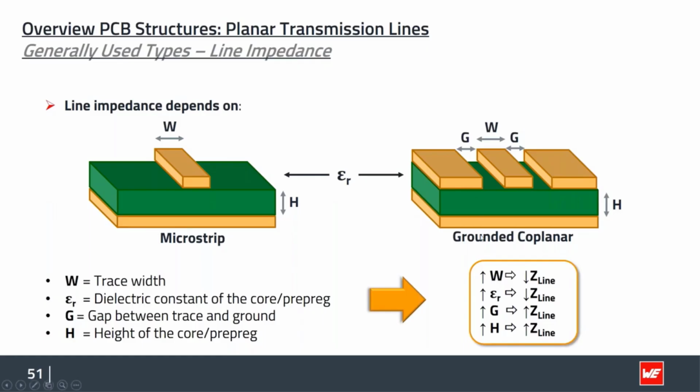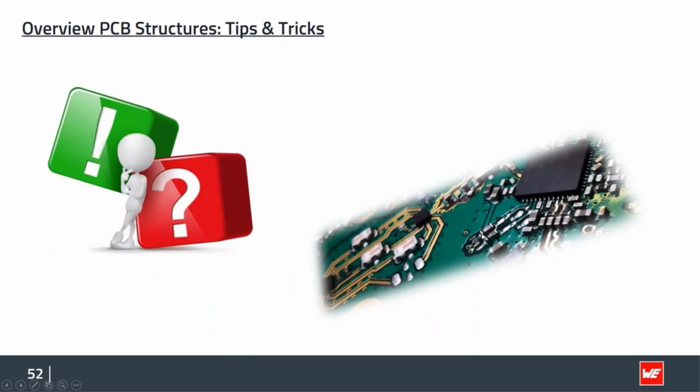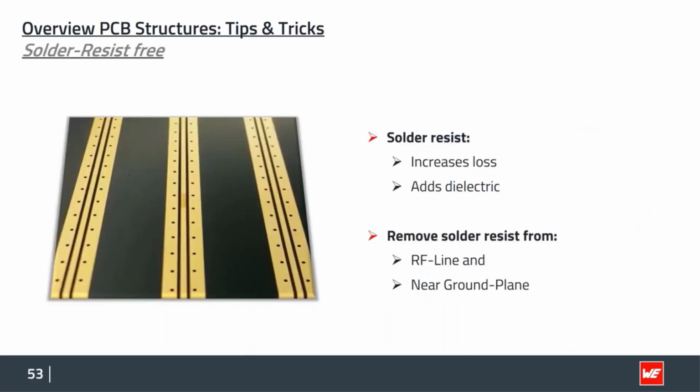Good. What can I now do to make it easier or make my transmission more stable? On the one side, I can decide not to use solder resist on my transmission line and the ground planes beside it in the coplanar waveguide, for example.